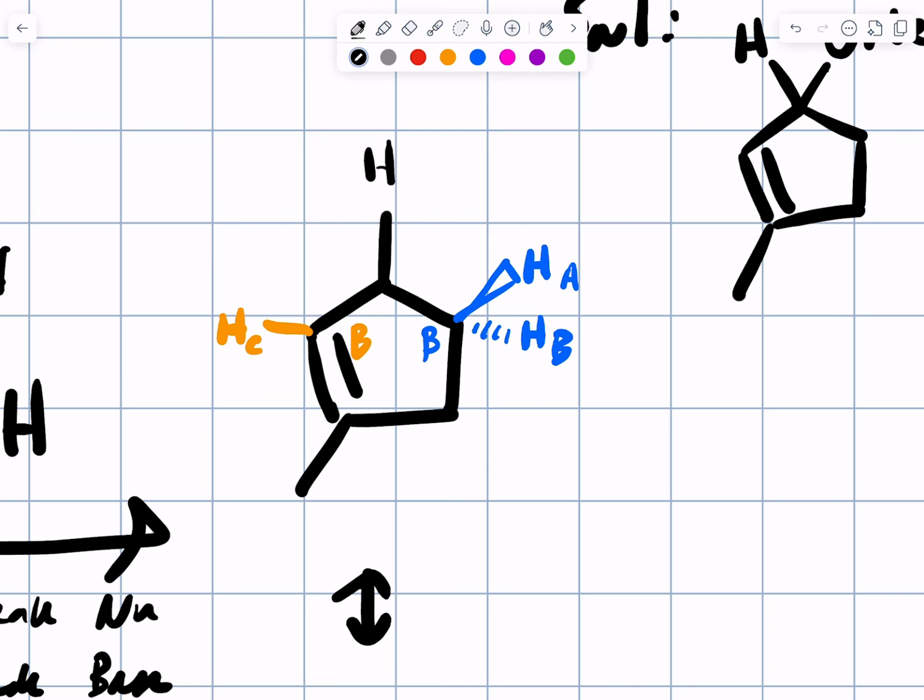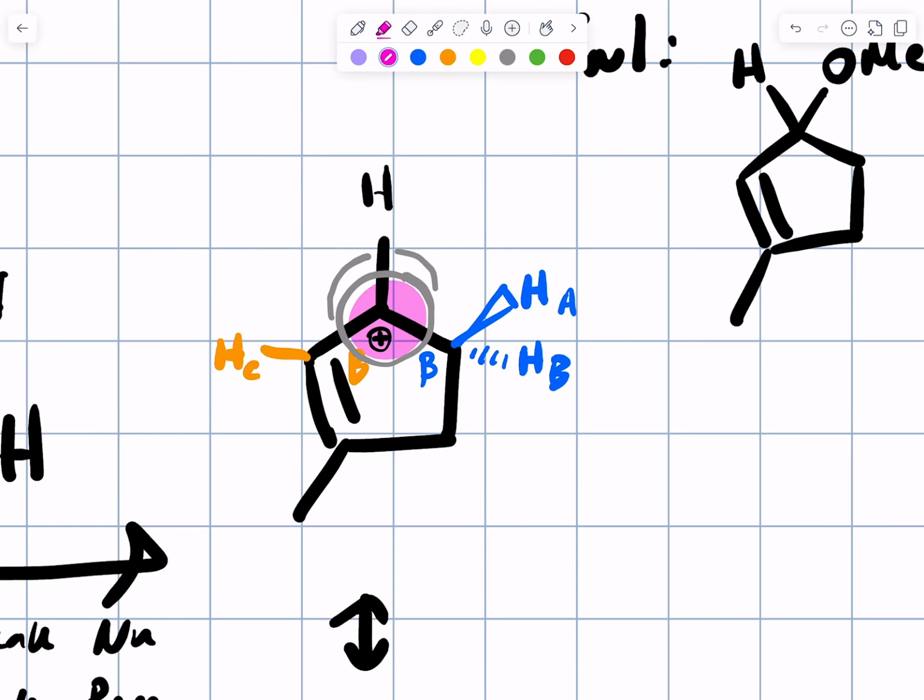Now, I'm just going to draw the empty p orbital that is implied, that is on this positively charged carbon. One lobe will be up, above the plane of the page, and one lobe will be below the plane of the page.